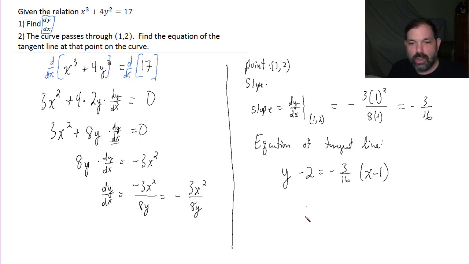And if we wanted to, we could take this to the slope-intercept form. Y equals negative 3/16 x plus 3/16 plus 2, and 2 is 32/16, so plus 35/16.